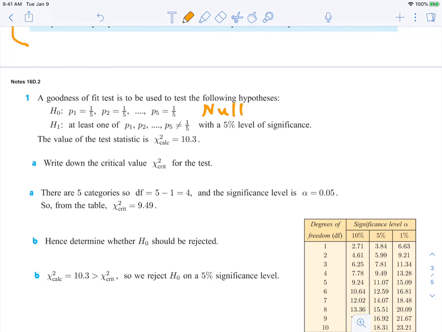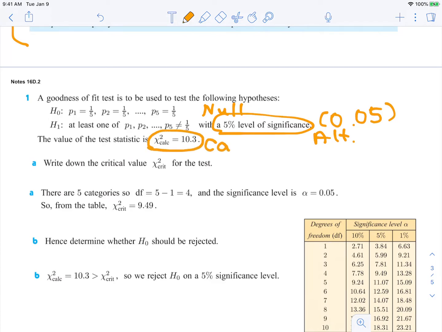The alternative is that at least one of them is not equal to 1/5, and the significance level is 5%. Remember that as a decimal is 0.05. And the value of the test statistic, this value right here, would have been found with the graphing calculator or your formula.